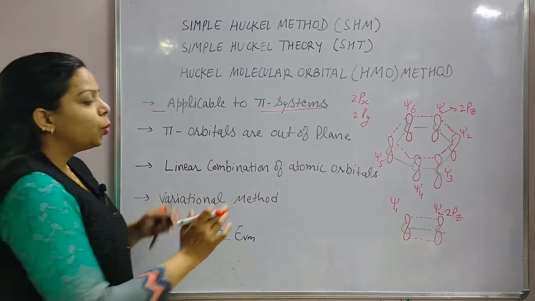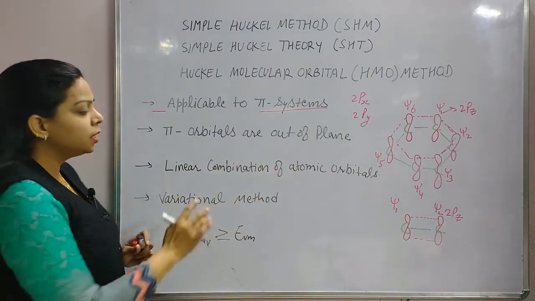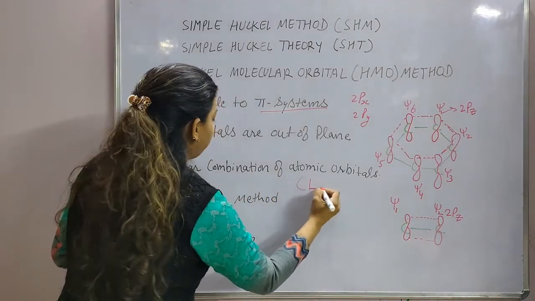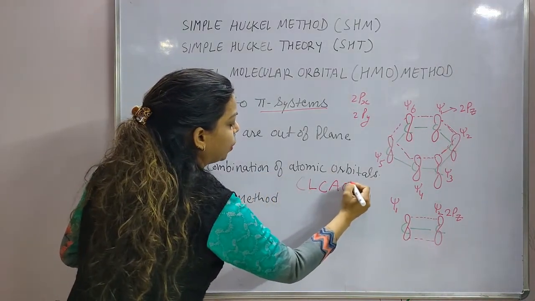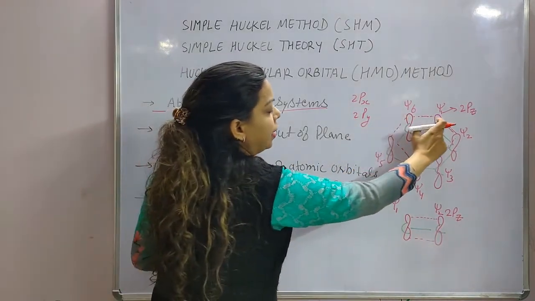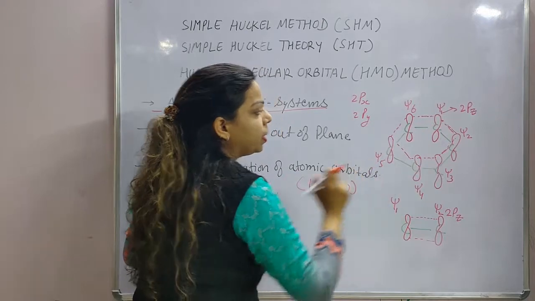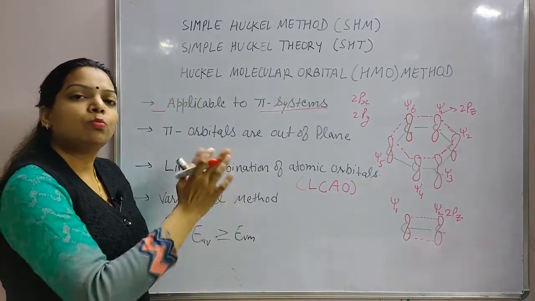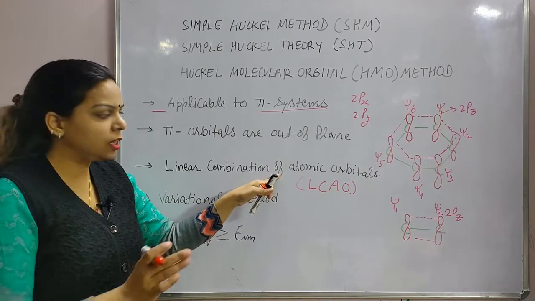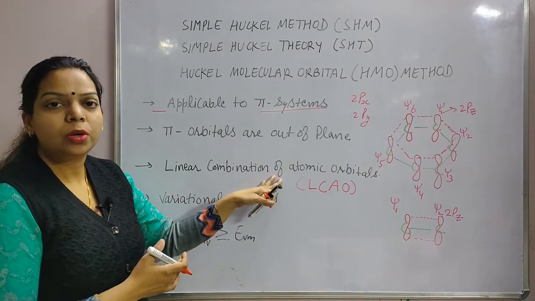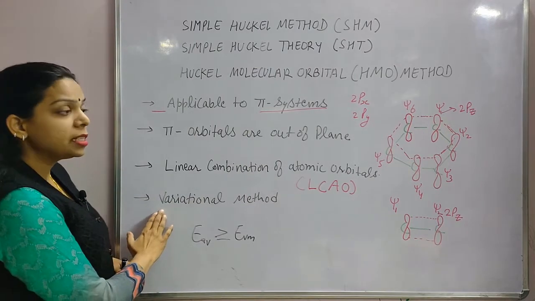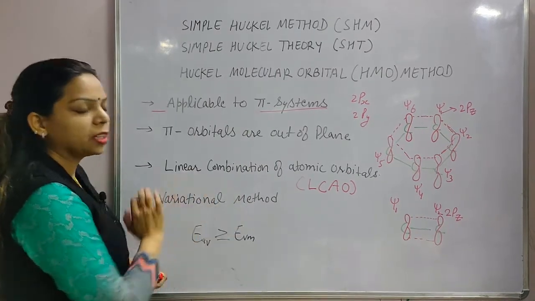Next, in this method we apply the linear combination of atomic orbitals, LCAO. It means these atomic orbitals combine to give a molecular orbital. We have already studied the linear combination of atomic orbitals in our previous class. Next, this method uses the variational method.